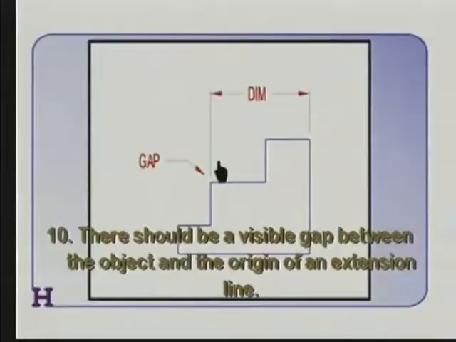Now let's talk about how we deal with the ends of extension lines. There should be a visible gap between the object and the origin of an extension line. There's a little visible gap there. Nowadays, when we're using more and more computer-aided design software, sometimes we're hamstrung by the computer science majors who write the code for some of these.